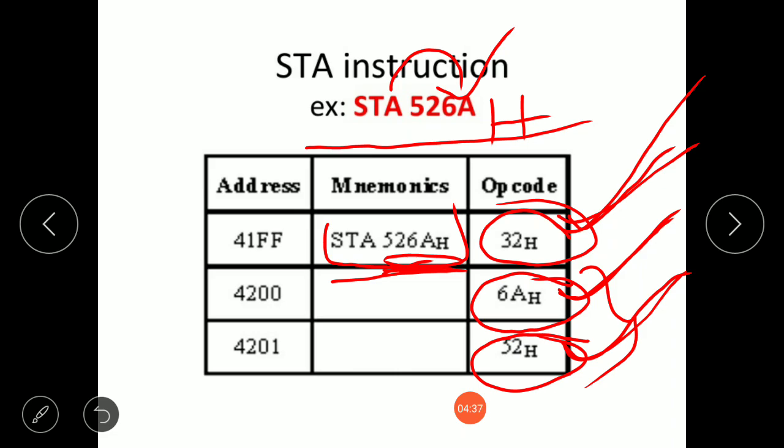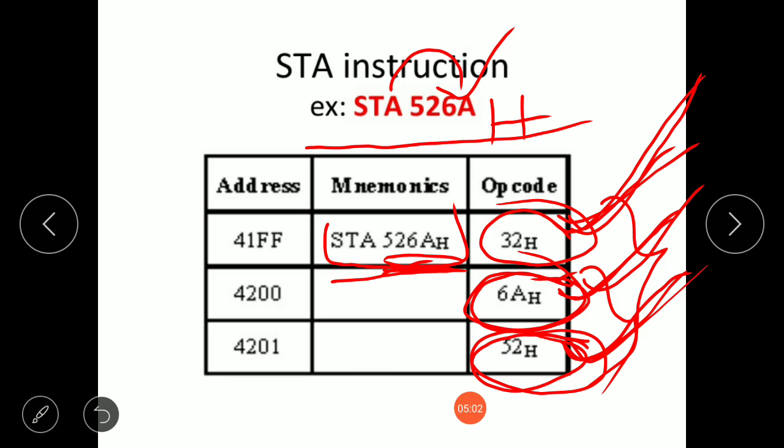So the next two machine cycles are memory reads, for reading the lower byte of the address and the higher byte of the address. Now three machine cycles have been used.